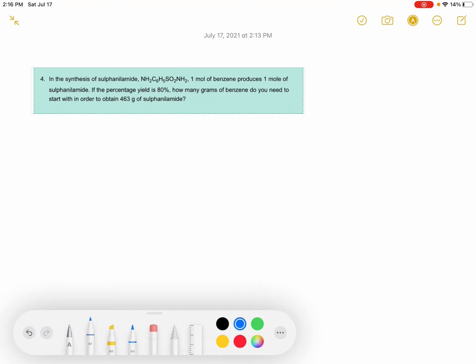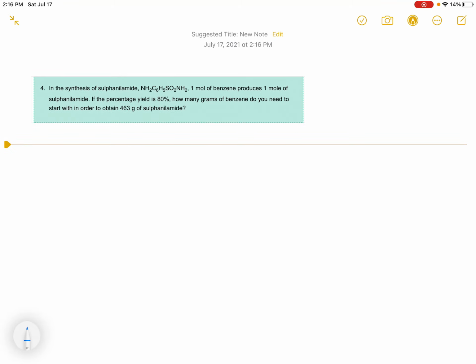So when we read this, the first thing that I notice is 1 mole of benzene produces 1 mole of sulfanilamide. That tells you the mole ratio of sulfanilamide to benzene is 1:1.